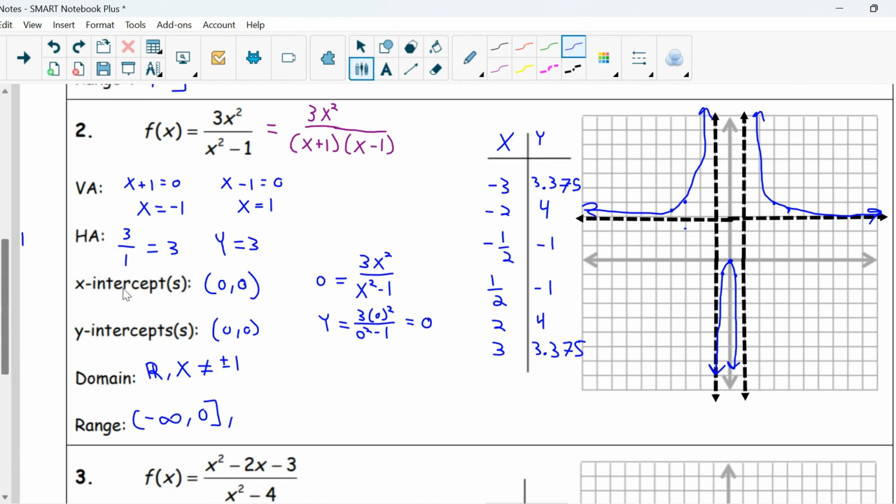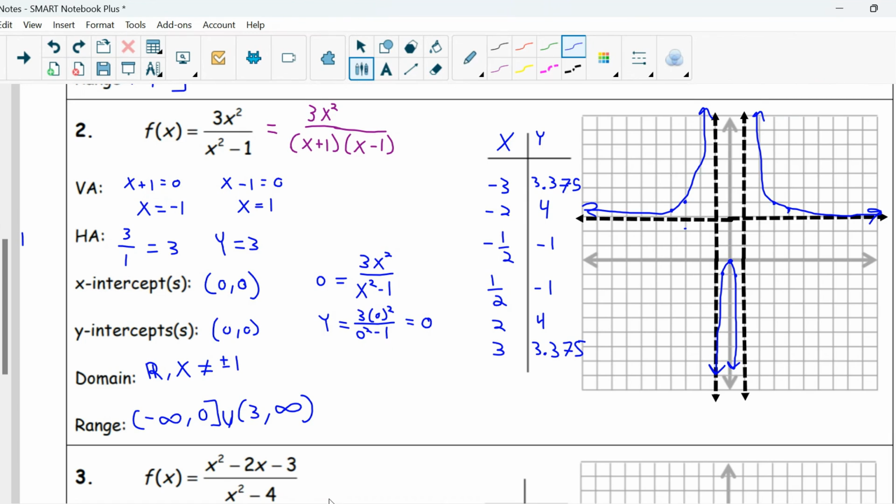But then once again, it resumes after my value of 3. So I can't actually have 3, so I'm going to use an open bracket, but it does continue in the positive direction. So it does continue to positive infinity. And really, I shouldn't just use a comma here. I should use my union symbol instead. My bad there.